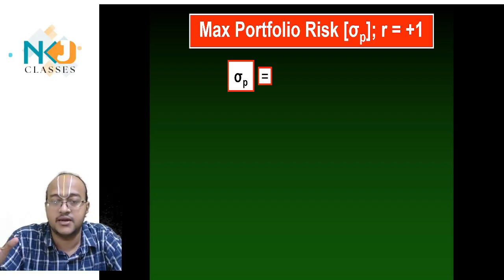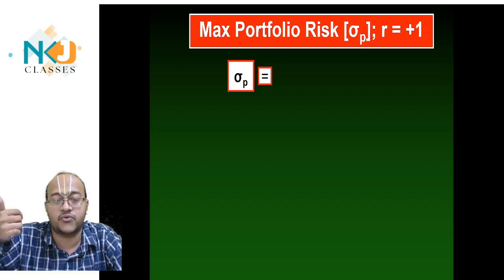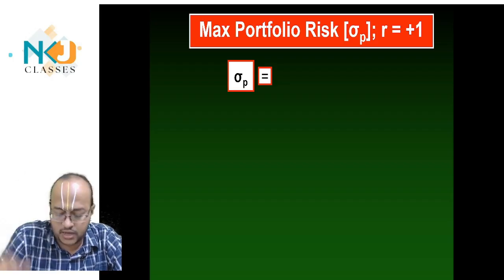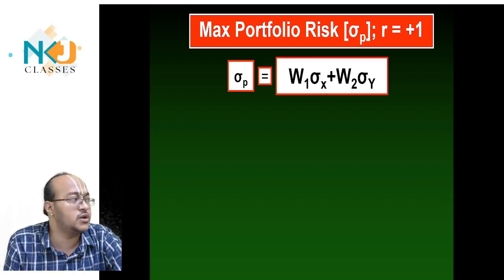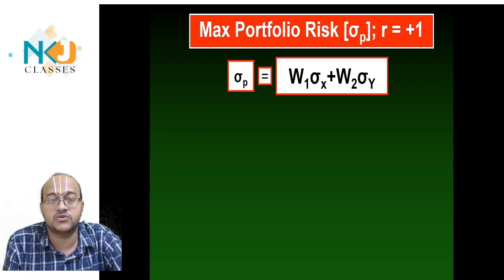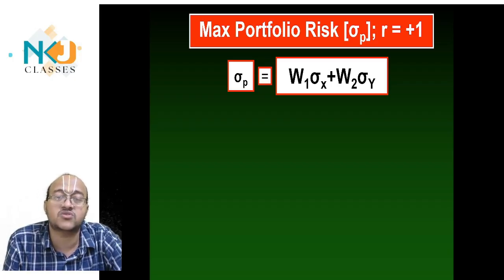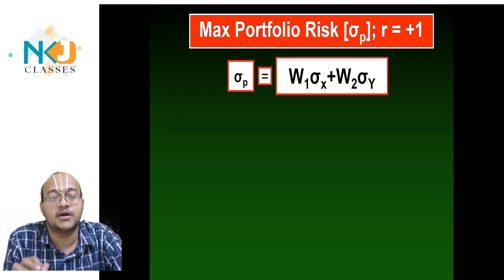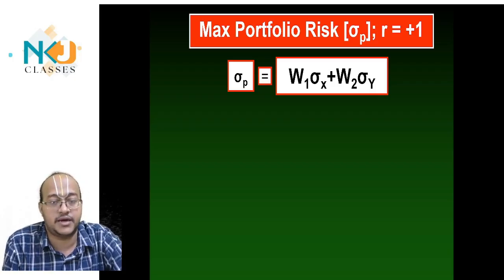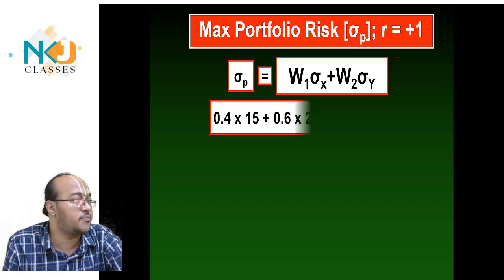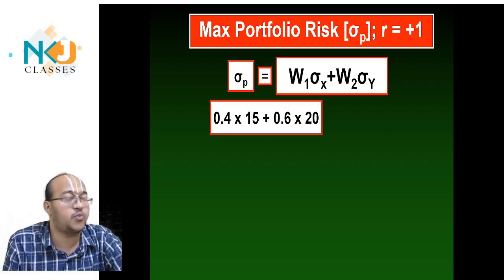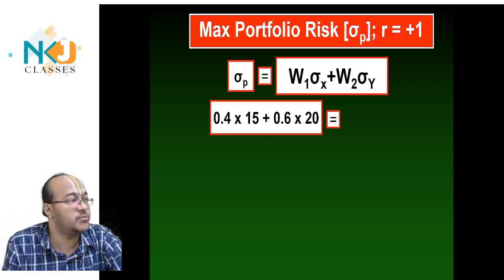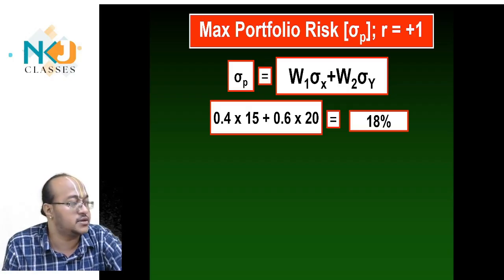Then the portfolio risk is the weighted risk of the individual securities: W1 sigma x plus W2 sigma y. That is 0.4 into 15 plus 0.6 into 20. How much is that? 18%.